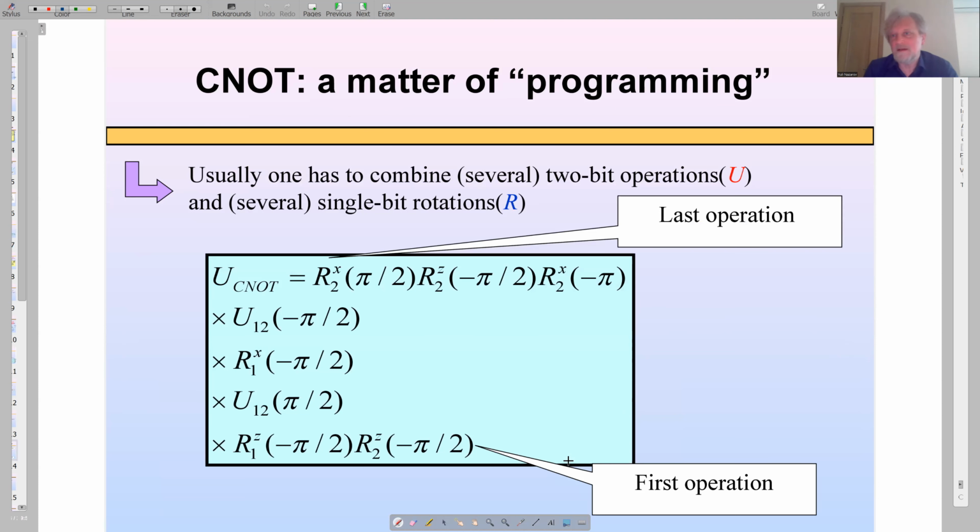And this is a matter of programming, a matter of multiplication of different matrices to get the desired result.